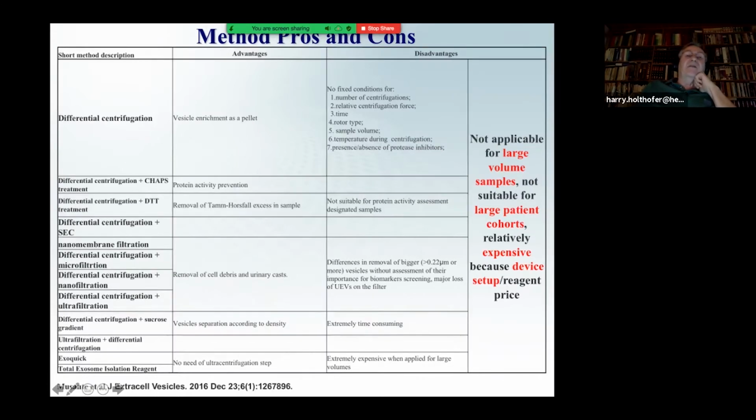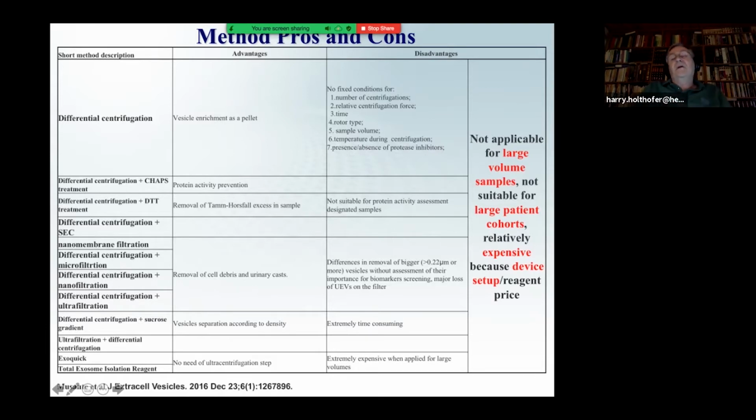Of course they have their obvious advantages, but then disadvantages, like with differential centrifugation, there are no fixed conditions, for instance, for the number of centrifugations used, relative centrifugation force, time for centrifugation, rotor type, sample type, temperature during centrifugation, and presence or absence of protease inhibitors.